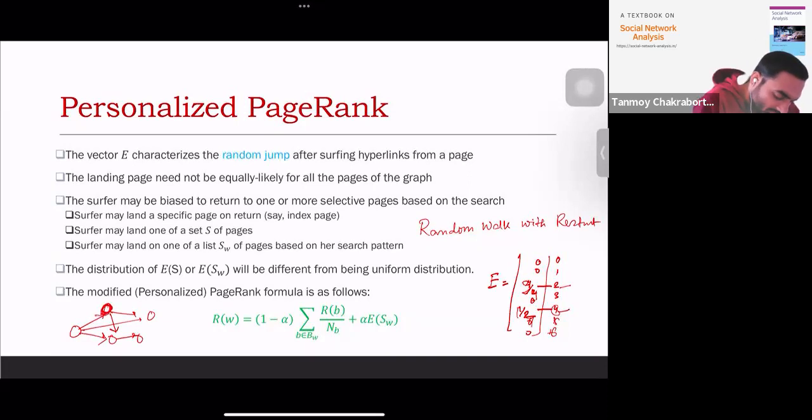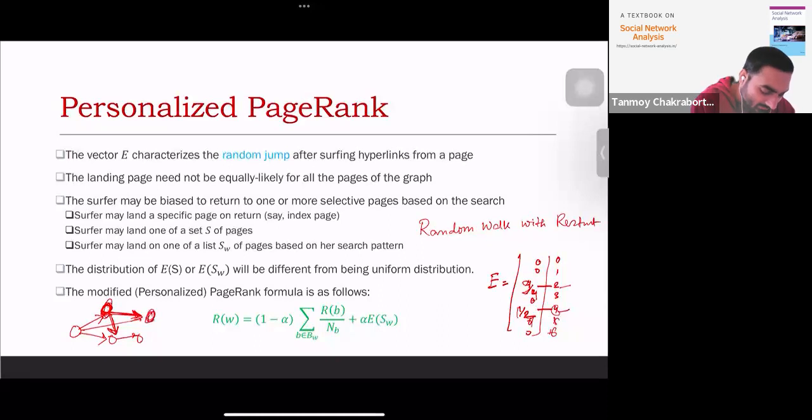First, you want to follow any of the hyperlinks, right? So let's say you follow this hyperlink. Now, at every node there are 2 cases. One decision is that you move along a hyperlink. The second decision is that if you jump, you are only allowed to jump to the seed node, the initial node.